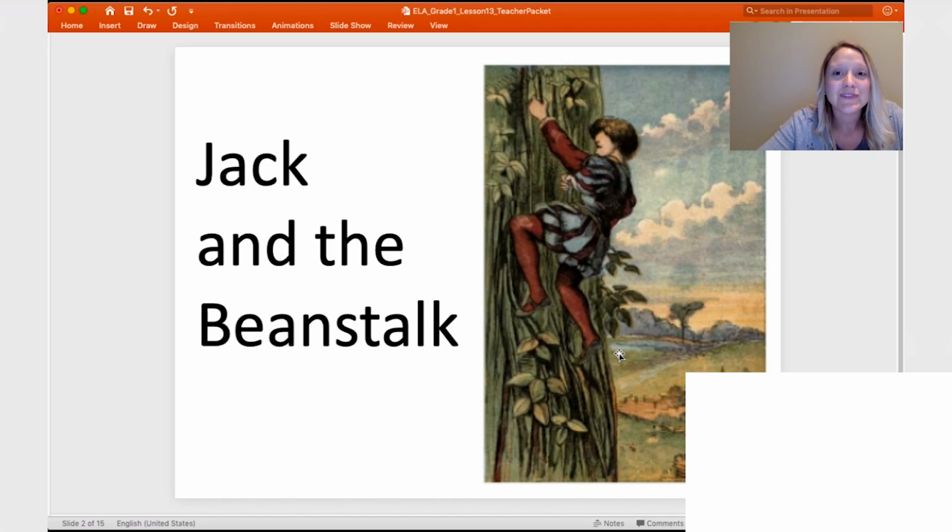Today we're going to be describing characters using key details in our story. Before we get started, to participate fully, you're going to need a few things: 2 pieces of blank paper, a pencil, and a surface to write on.